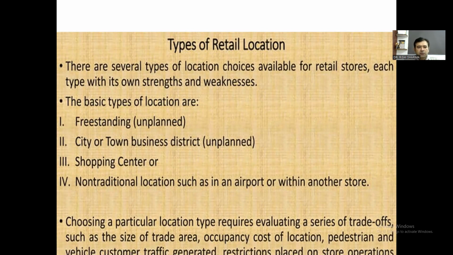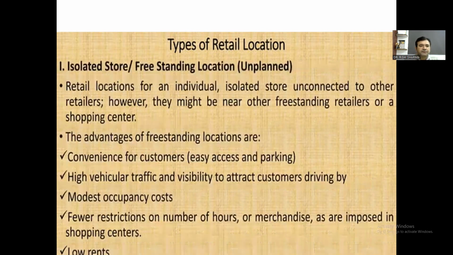Choosing a particular location type requires evaluating a series of trade-offs such as size of trade area, occupancy cost of location, pedestrian and vehicle customer traffic generated, and restrictions placed on store operations.